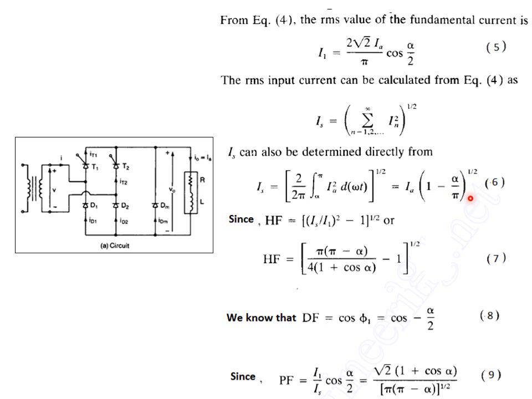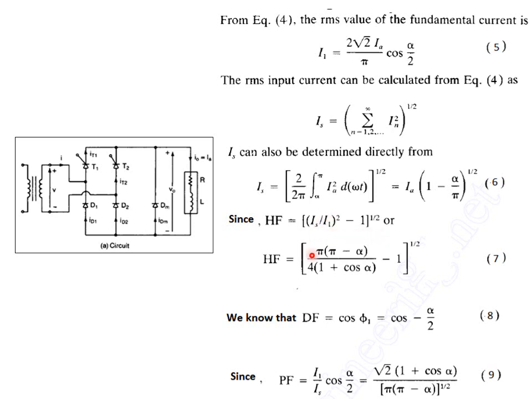So we evaluated I_n first. Then we took n equal to 1 and evaluated the fundamental current, or the first harmonic component. Now we have evaluated the total RMS input current itself. Once I have this input current formula, I can calculate the harmonic factor. We know harmonic factor is the square root of (Is upon I1) the whole squared minus 1.